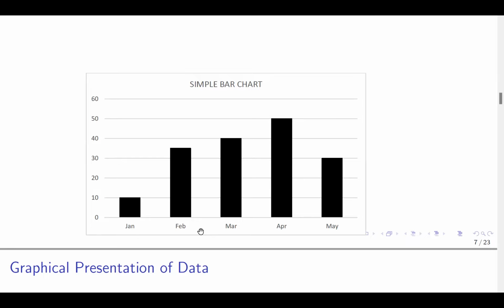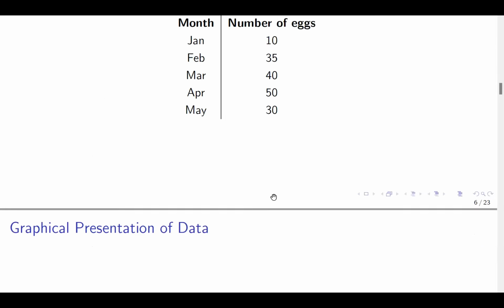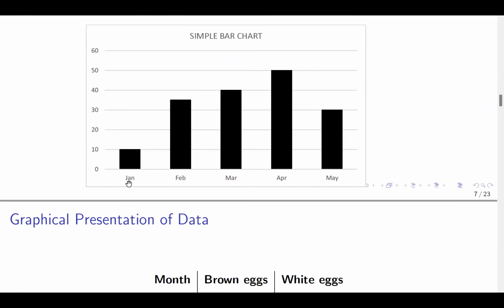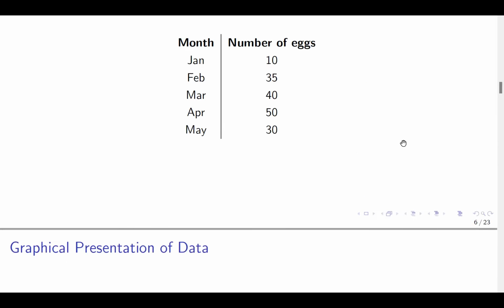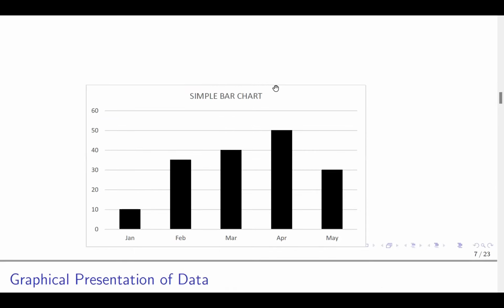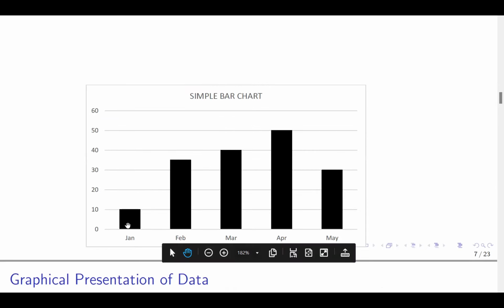When it comes to your horizontal axis, in this case, which is our months, we have from January to May. So January has its bar, February has its bar, March has its bar, and so on. If you look at the data, for example, the month of January, 10 eggs were sold, all right? So you have January here, and the count is 10.